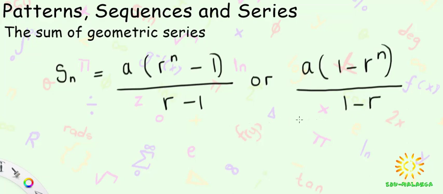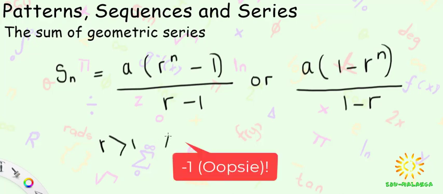These 2 formulae are both correct and easier to use under different circumstances. The first formula is easy to use when you have r greater than 1. So for example, if your r is a number such as 3, then you're going to have 3 to the power of something minus 1, and it's easier to use this formula.